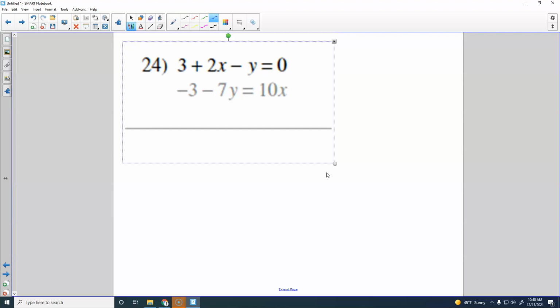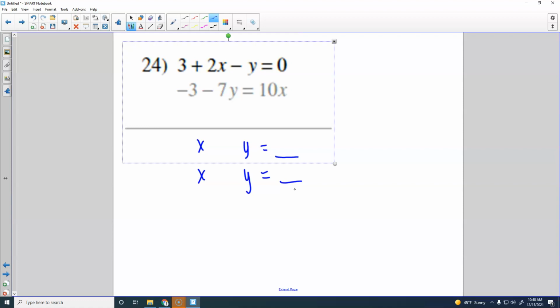But we can manipulate 24 to put it in the same form as what we've been dealing with before. Right, so what we need is our y's to line up, our equal signs to line up, and then we need to have a number here on the other side.